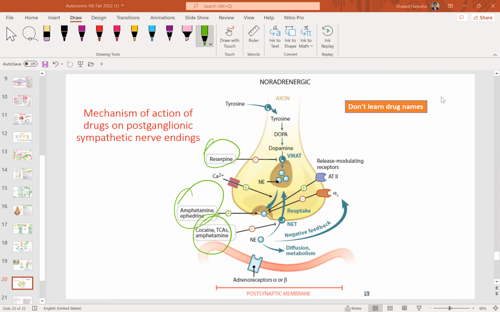I'm not sure if the doctor covered it. If he did, I'll cover it. If he didn't, then I'll skip it as well. How did he go? Did he cover the drugs, or did he just tell you the mechanisms of drugs for sympathetic nerve endings?